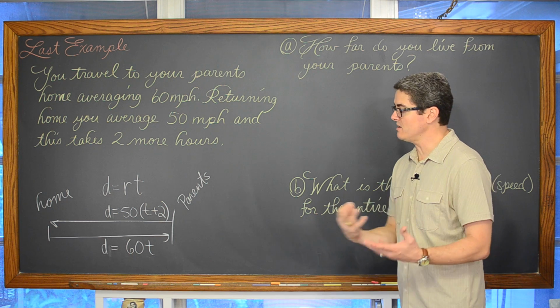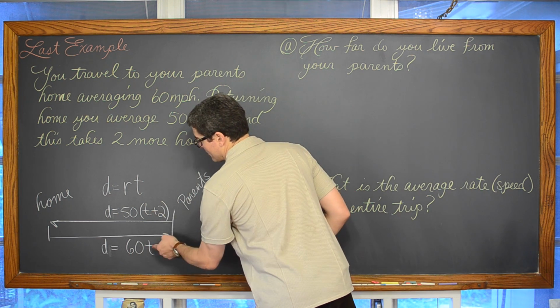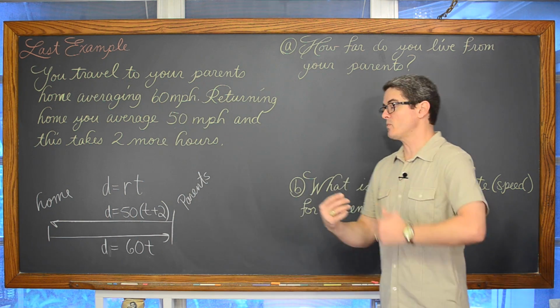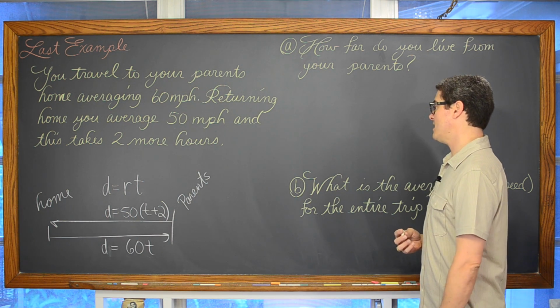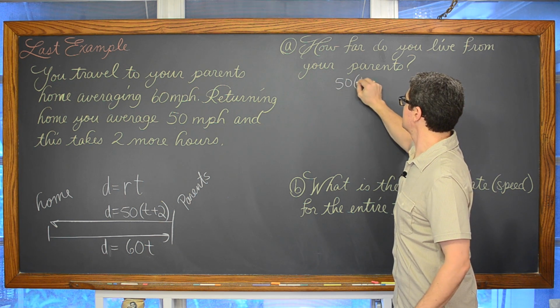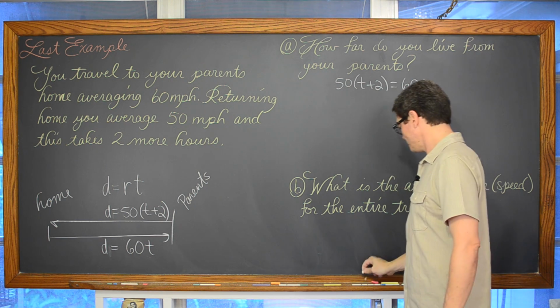And now we're just going to set these two expressions equal to each other, because they're both equal to the same value of d, the same distance between the two houses. So we've got 50 times t plus 2 is equal to 60t.